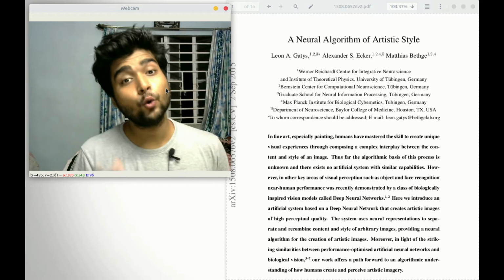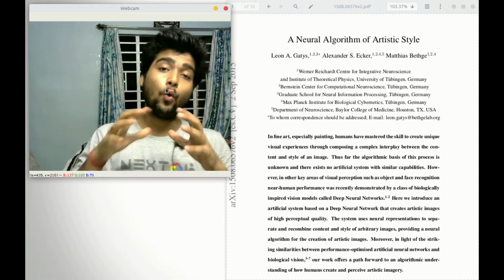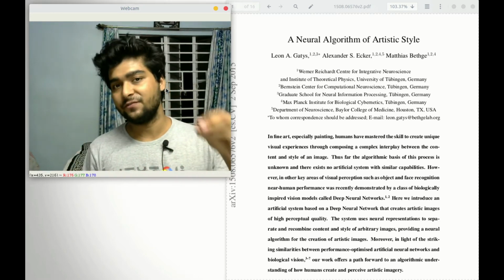Now let's make a quick walkthrough of how CNNs see. CNNs are trained on image classification tasks.